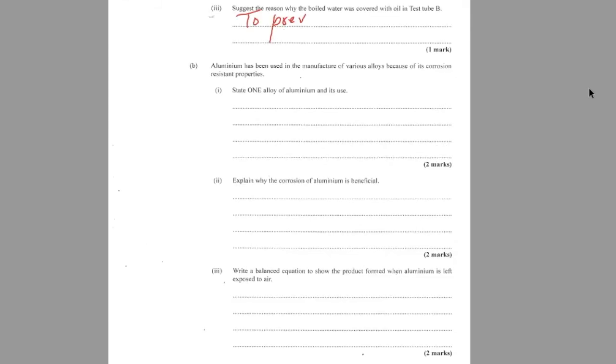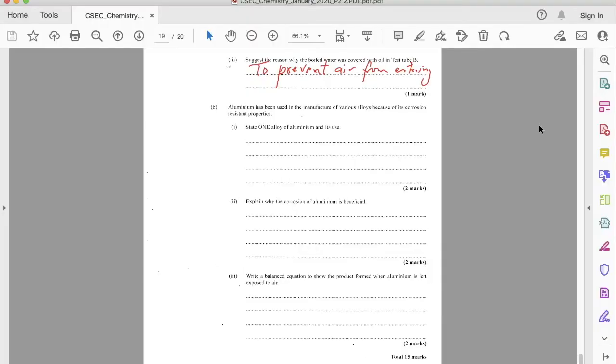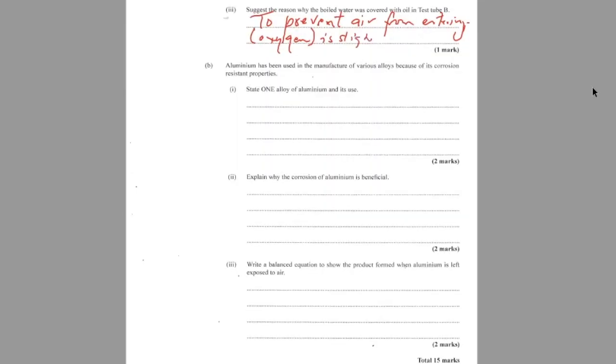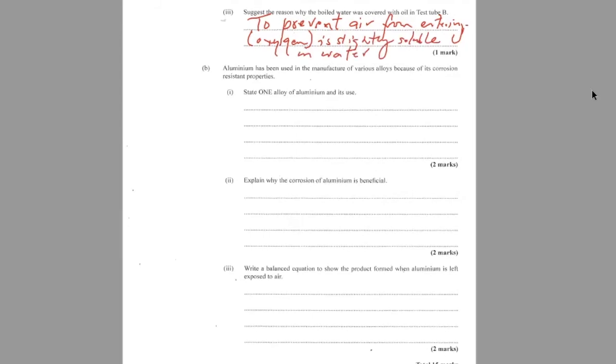Suggest the reason why the boiled water was covered with oil in test tube B. And this was to prevent air from entering, more specifically oxygen, since oxygen is slightly soluble in water. Well, that's how the fish get it. So it's more than slightly soluble.